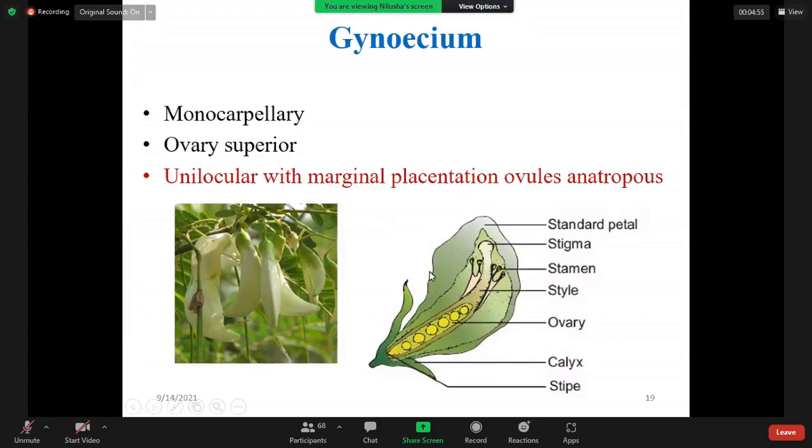In this picture, you can see this is the ovary, and here you can see the calyx part, ovary, style, stigma, and the stamen also. Is it clear for all? Yes, ma'am.